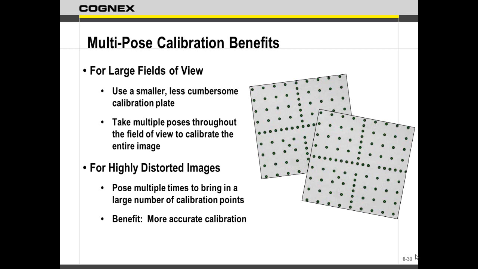But each time, I have to know what their relationship is to each other. But I can do multiple ones around my field of view. Or if I have just a really highly distorted image, by getting more points, the more accurate it can get. So maybe I do the calibration plate there and then maybe move it down and over maybe 1 inch, just so I have a different set of points. And then it's picking up those and it just gives better accuracy that way.